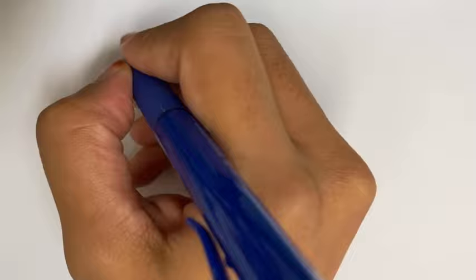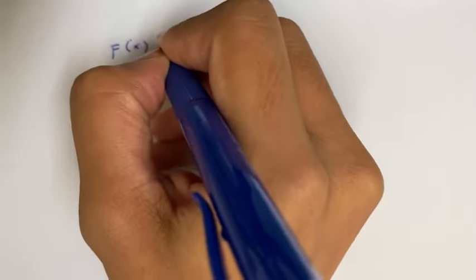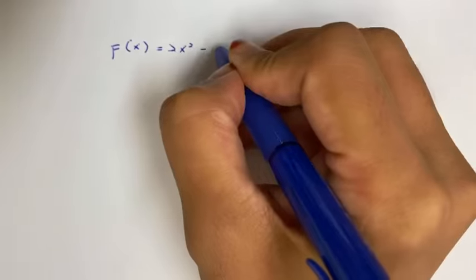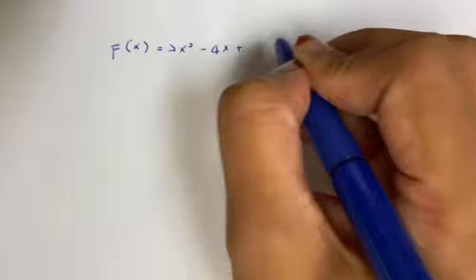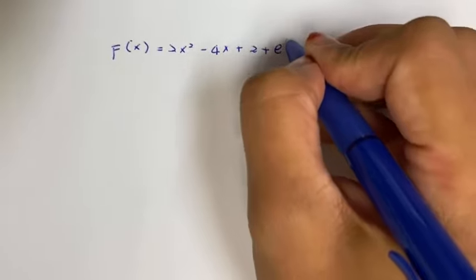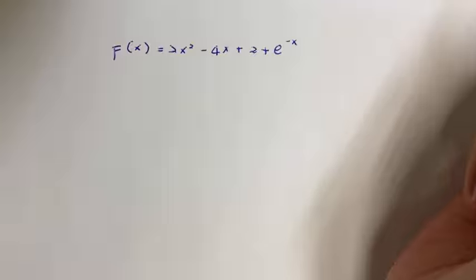For the introduction, before this, you know what is a function with a single variable. For example, f(x) = 2x² − 4x + 2 + e^(−x). This is an example of a single variable function.